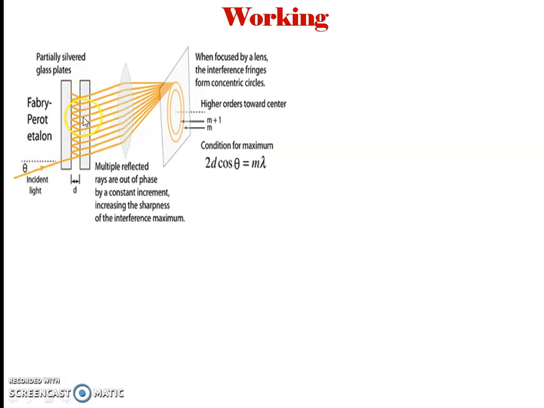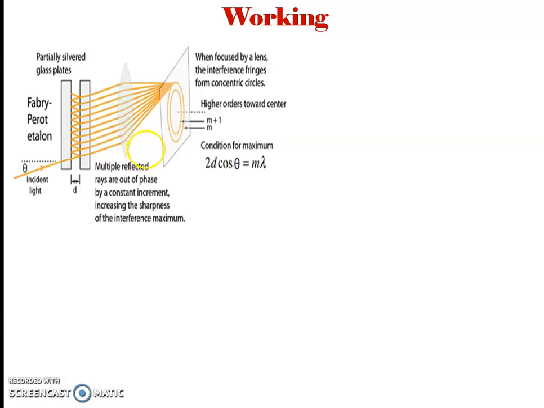After falling on these two glass plates, multiple reflection takes place, and then all these monochromatic rays are rendered parallel by the collimating lens L1. Each of the parallel rays suffers multiple reflection in the air film enclosed between the plates A and B and emerges from the second plate, that is B. So this is how the Fabry Perot interferometer works.